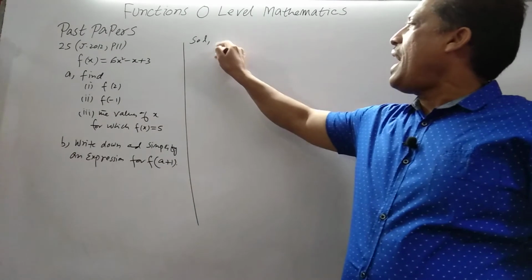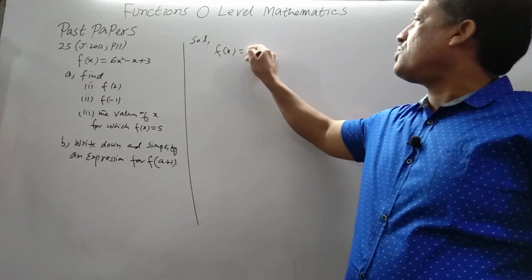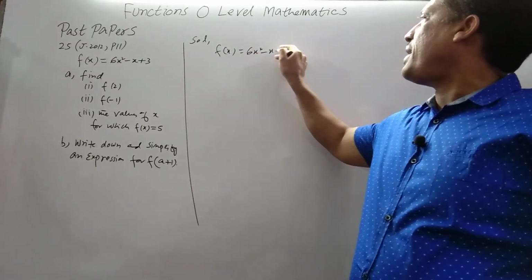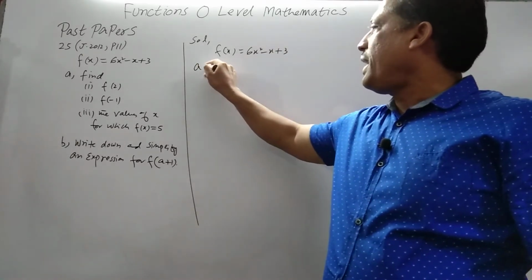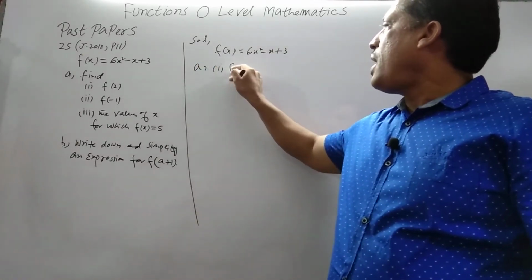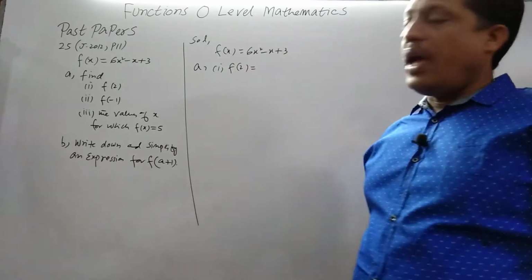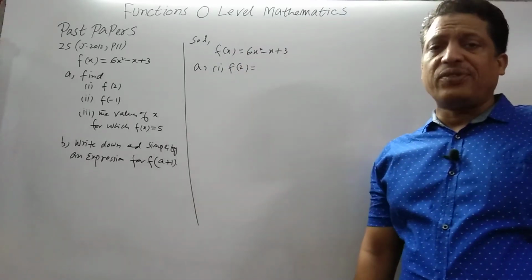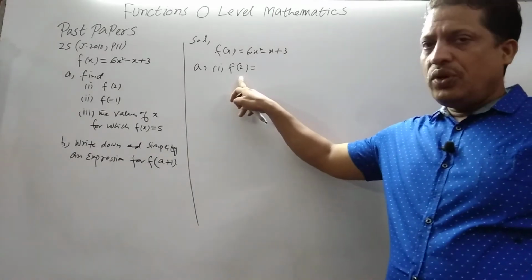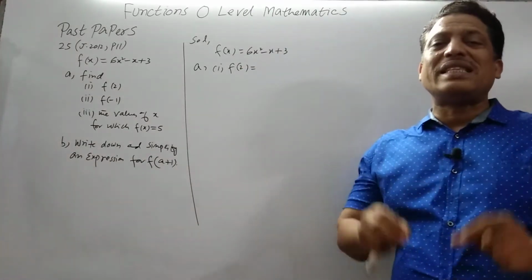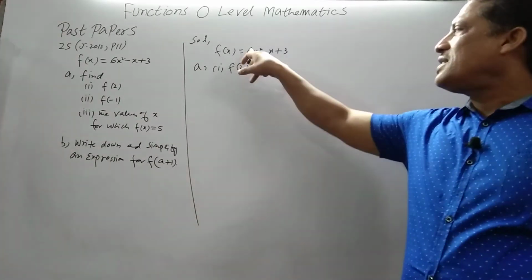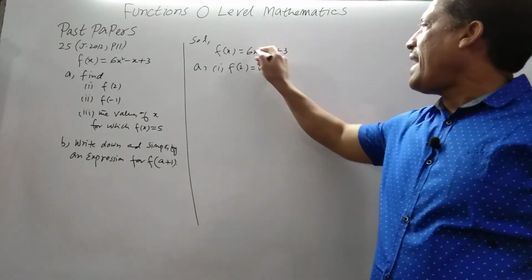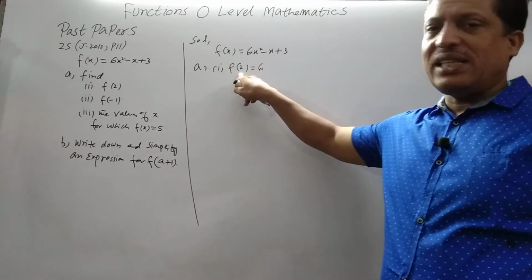Given that f(x) equals 6x squared minus x plus 3, we have to find in part A, 1) f of 2. F of 2 means we have to put 2 in the question where we see x. So 6x squared, but x is 2.